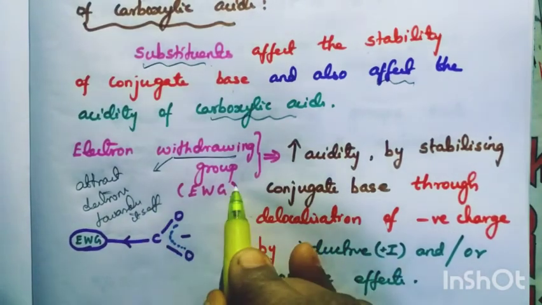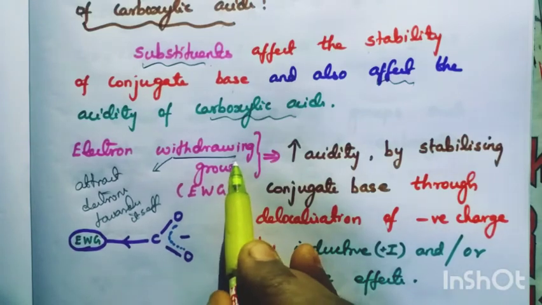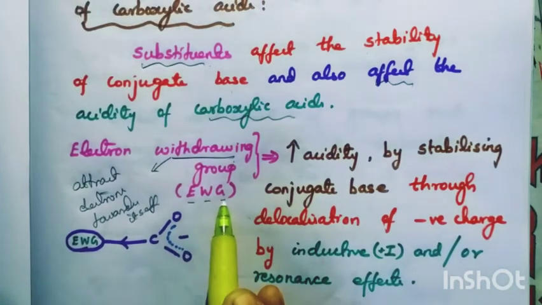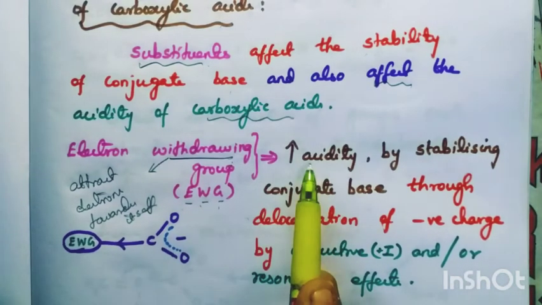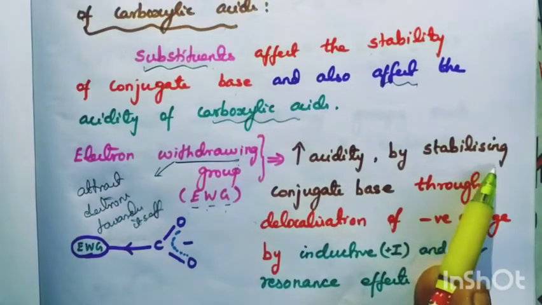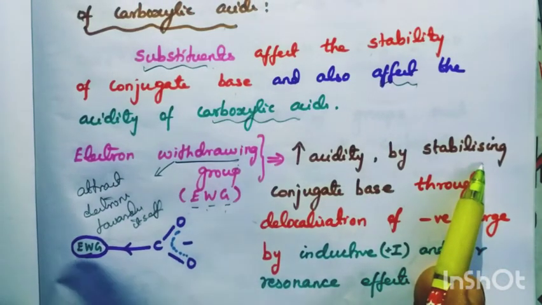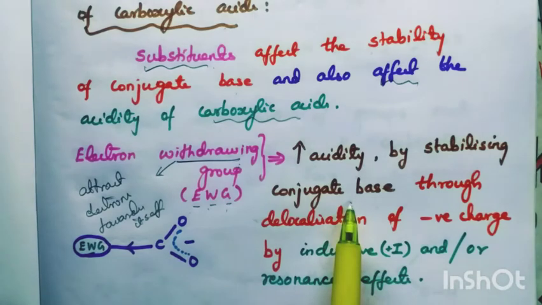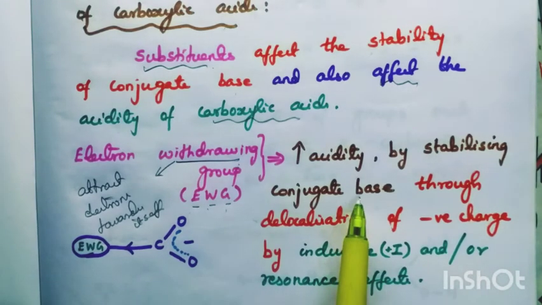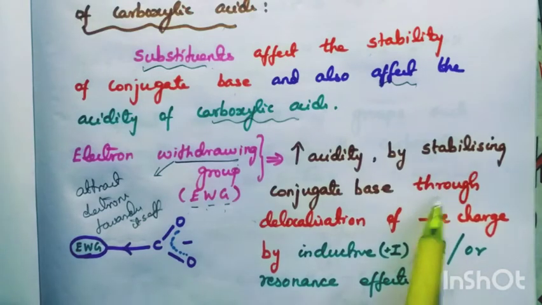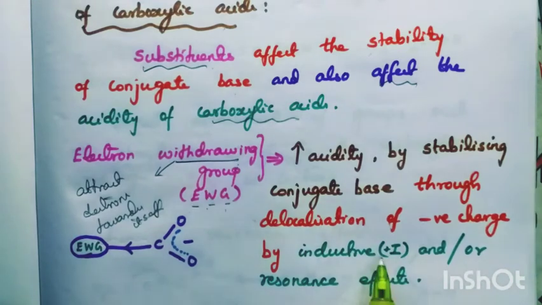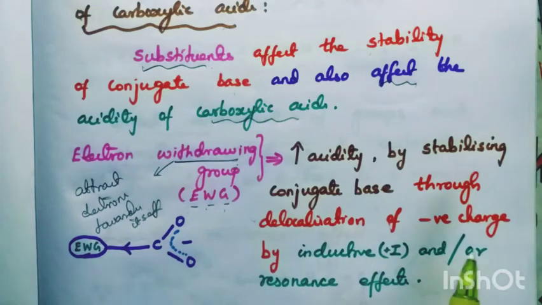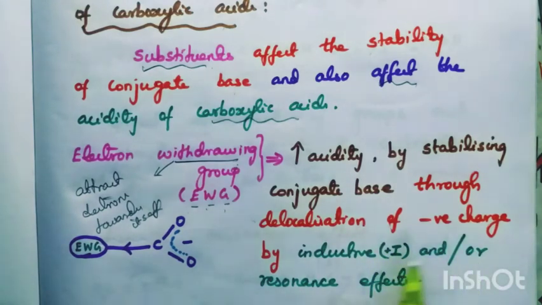That type of electron withdrawing group, EWG, increases the acidity by stabilization of the conjugate base. How? It gives stability through delocalization of negative charge. Electron withdrawing means plus effect. If an alkyl group is there, it has a tendency to donate, or act by the resonance effect.